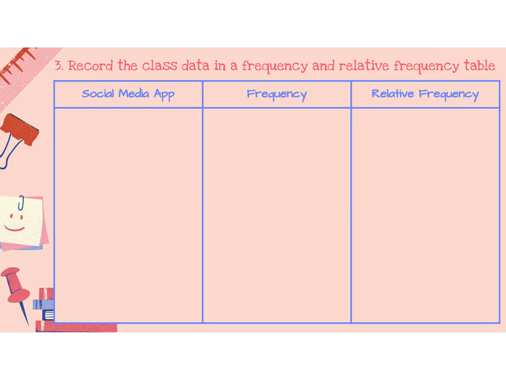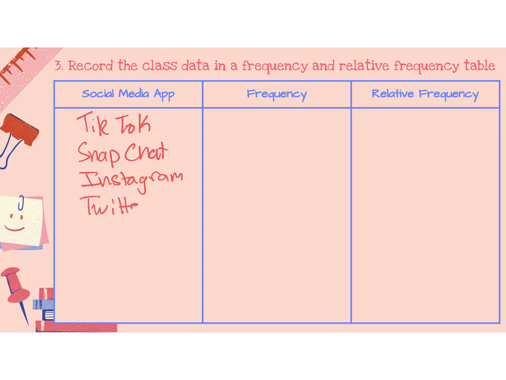So some top apps were TikTok, Snapchat, Instagram, Twitter, and YouTube. And some sample data for the frequencies were 5 people's favorite app was TikTok, 7 for Snapchat, 3 for Instagram, 4 for Twitter, and 4 for YouTube.